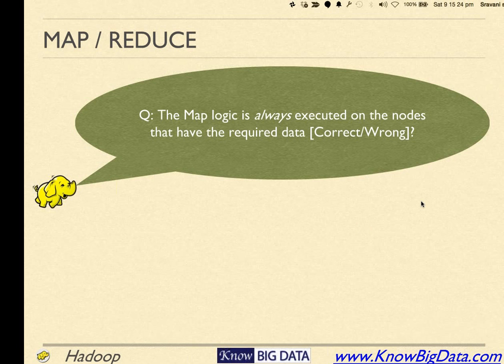Is that correct or wrong? Or let me reword it for those who have marked this correct. If the node on which the data is there is not available, map logic will not be executed. Is that correct or wrong?